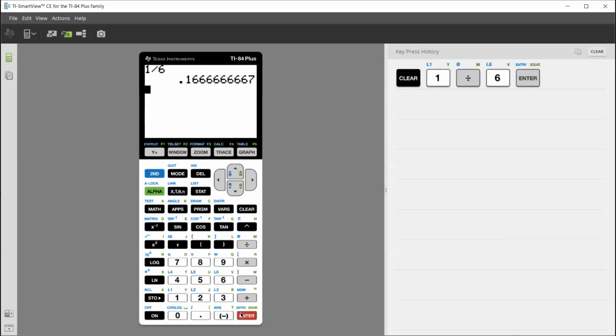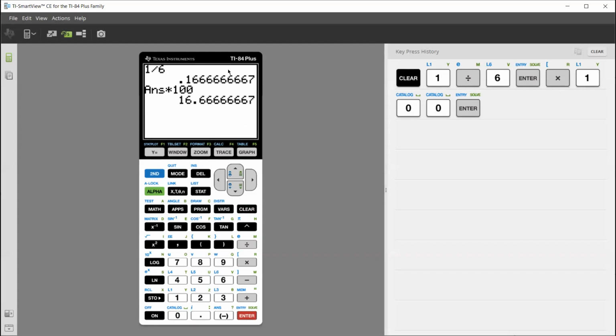So my decimal is 0.16666 repeating. And if I multiply this by 100, I'll get my percentage. So I have 16.67 if I round it, percent.